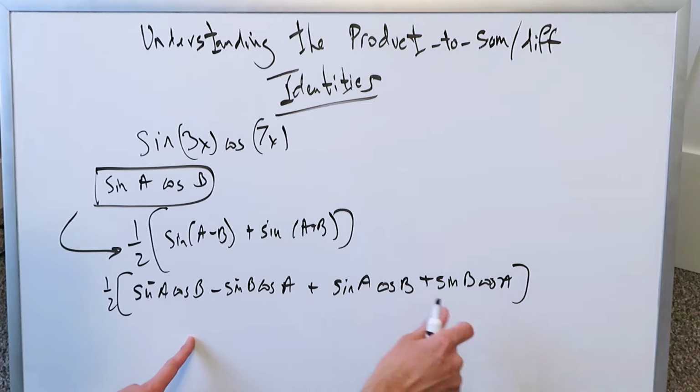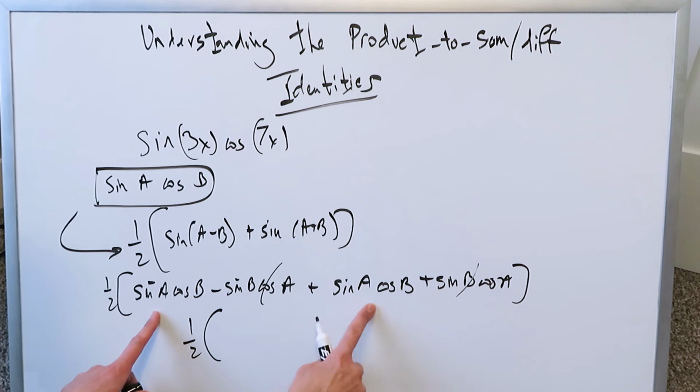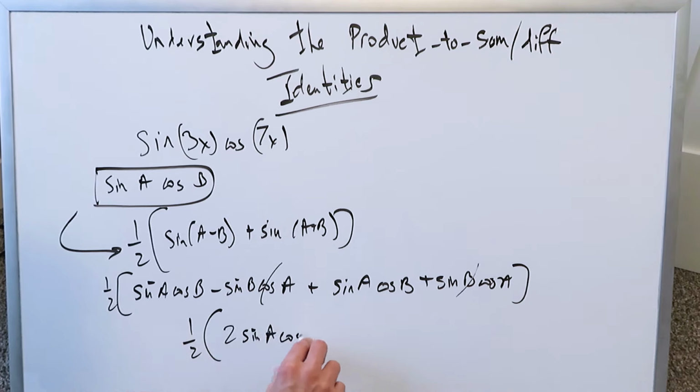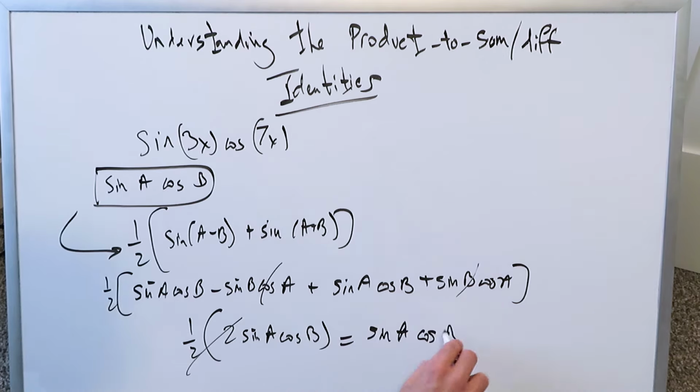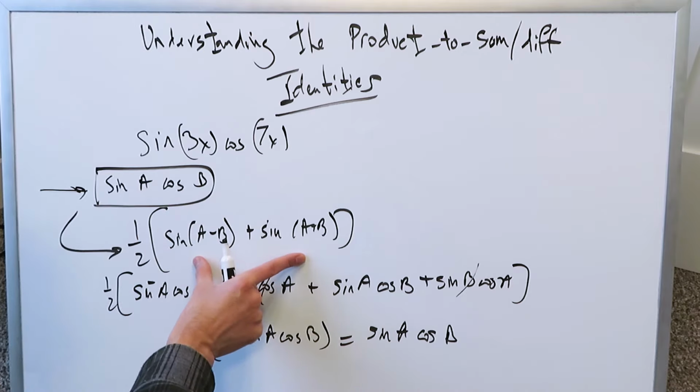This minus sine B cosine A will cancel out. You'll have this 1 over 2 sitting outside, and these 2 items will add. You'll have a 2 sine A cosine B, and these 2's cancel out. You end up seeing exactly what you started with, sine A cosine B, the expression which needs to be simplified. So if you see anything which looks like this, a product, you utilize this sum formula.